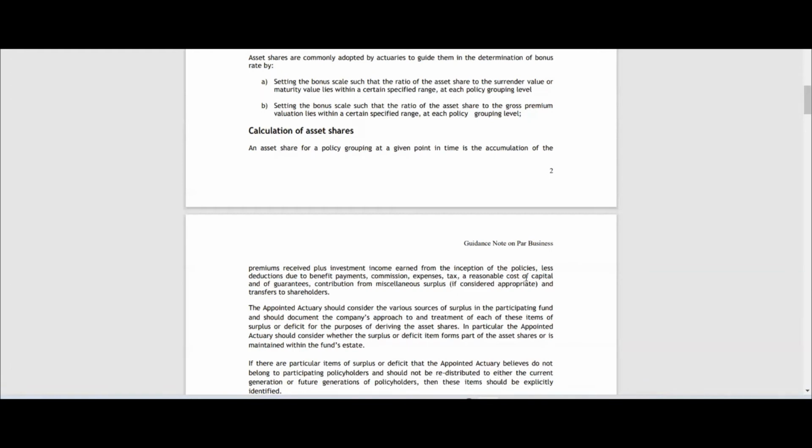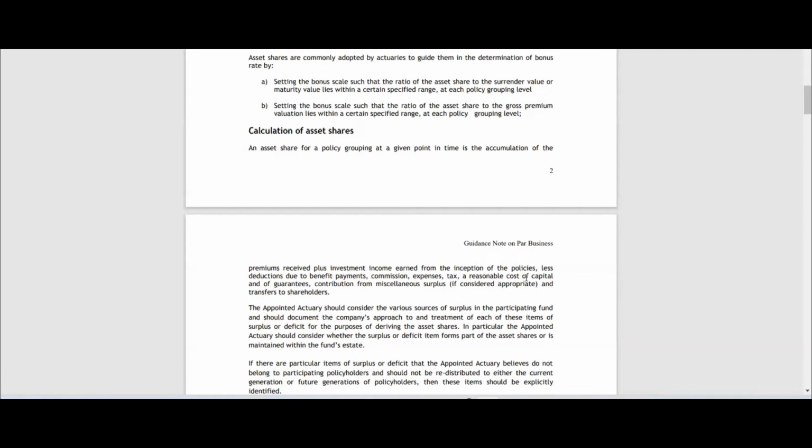So sometimes cost of guarantee consists of cost of insurance, but if you ask me, I prefer to use them separately. Cost of insurance would be only for the basic benefit, that is the insurance part, right? And whatever extra guarantee you provide would come separately as cost of guarantee.